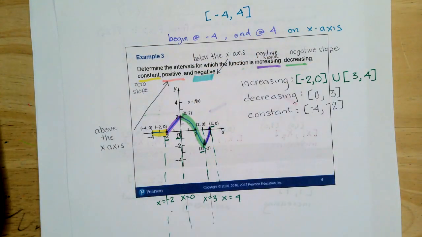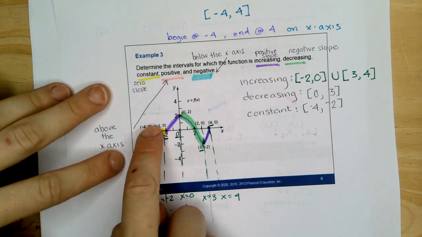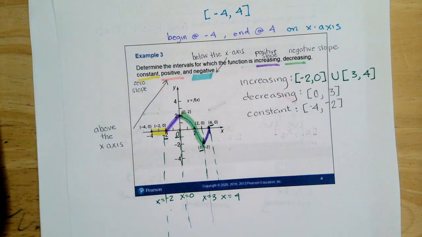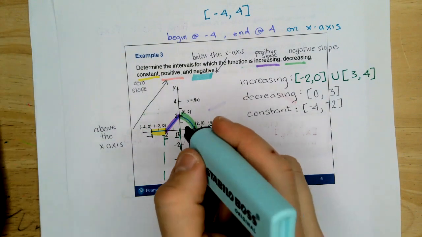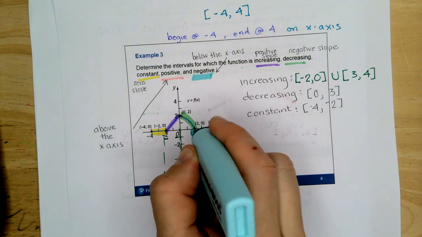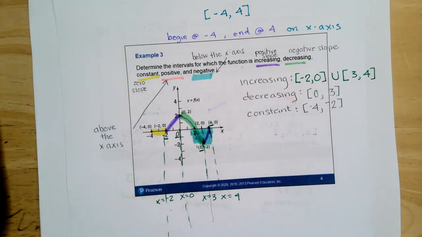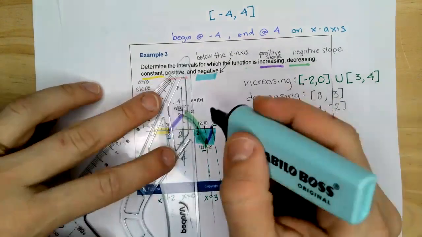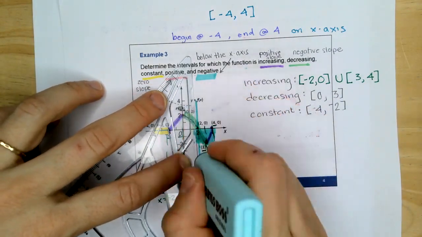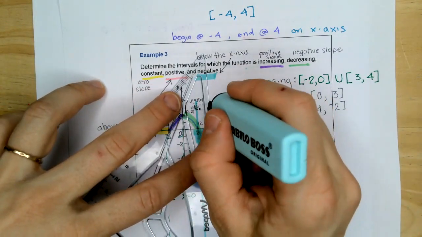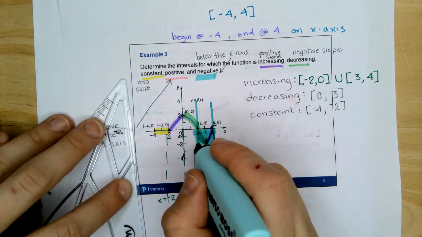Totally different question, okay? So when we look, negative is this part. And I know I'm messing up what we already did. But negative is from 2 to 4.